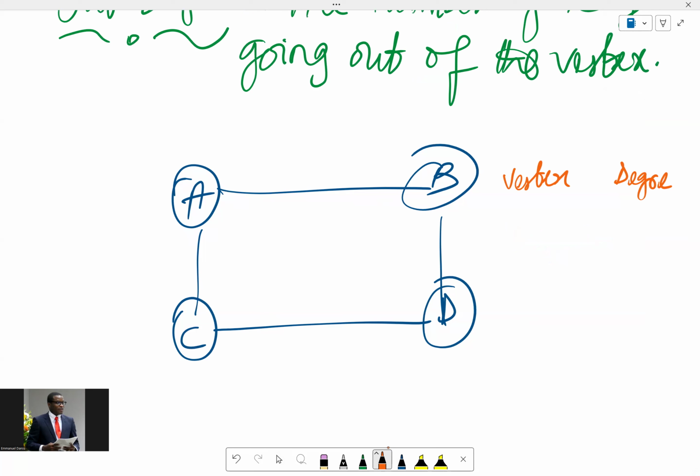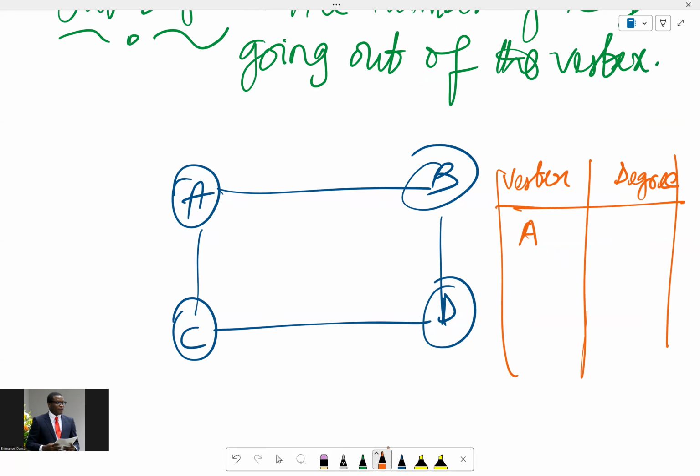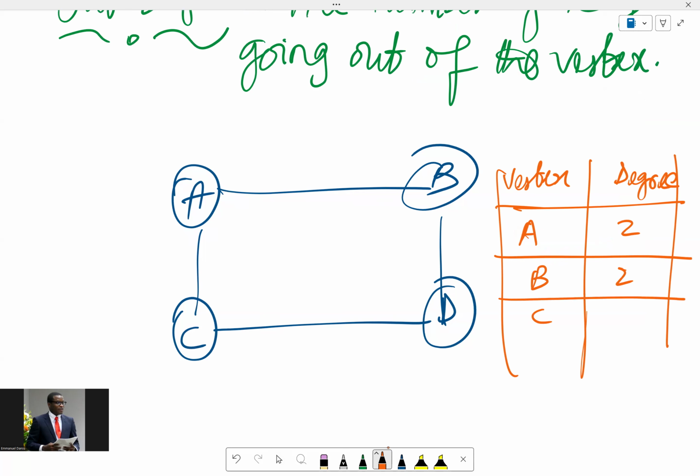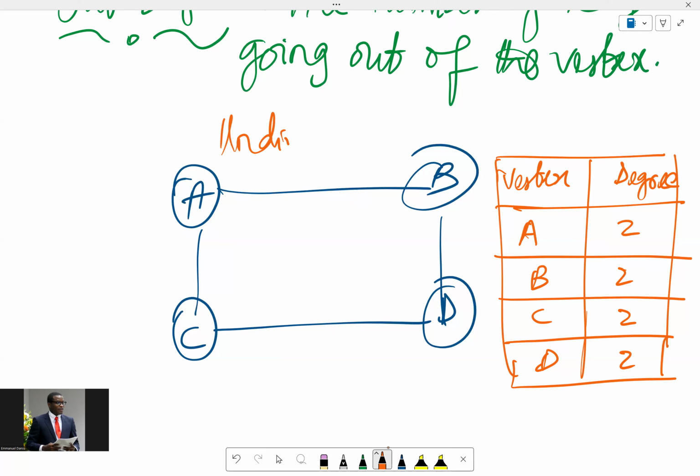The degree will simply be whatever number of edges connected to it. For A, it's two, because you have AC and AB. For B, it's also two. For C, it's two. For D, it's also two. Easily. That's for an undirected graph, so this is a very good example for an undirected graph.